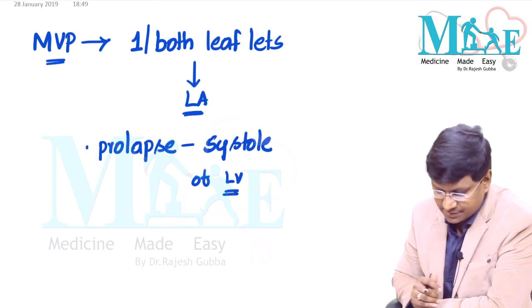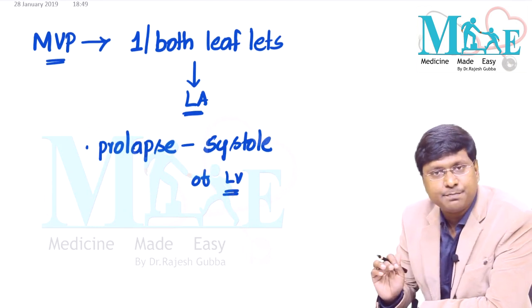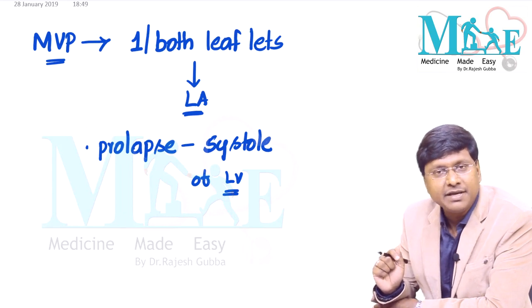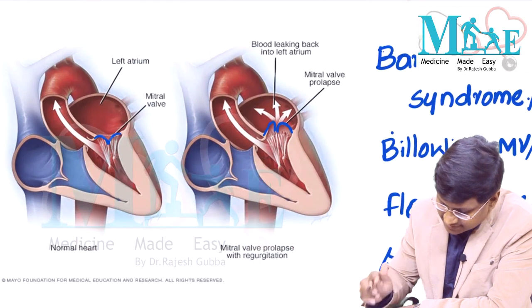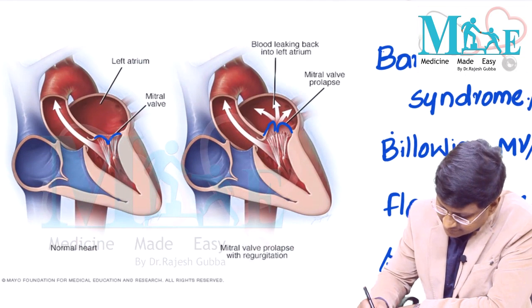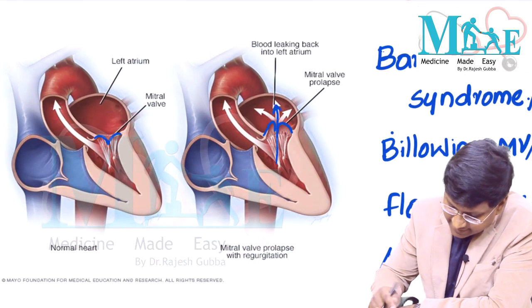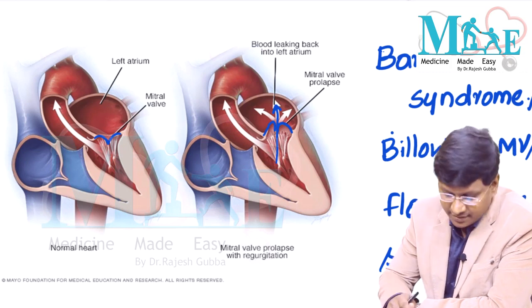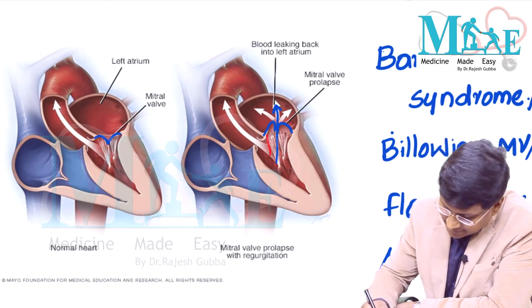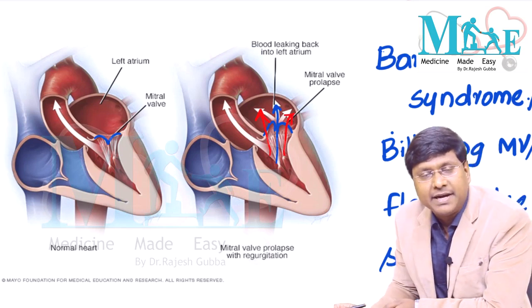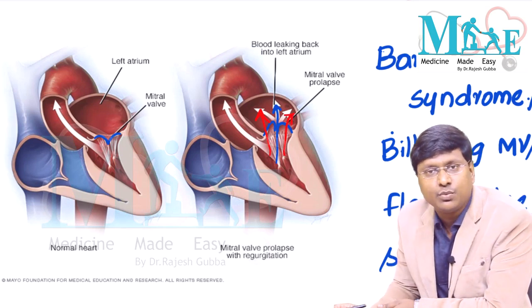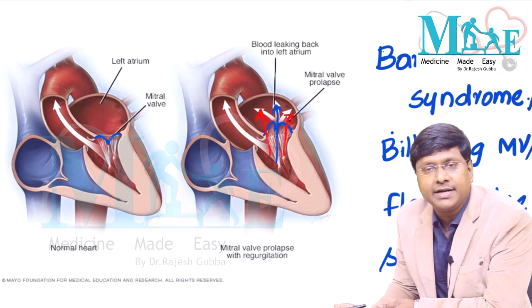All right, next. Once the mitral valve has prolapsed into the left atrium, there may be certain chances that the blood from the left ventricle may regurgitate back into the left atrium. Whether mitral regurgitation will be present or not depends completely upon the severity of the mitral valve prolapse.